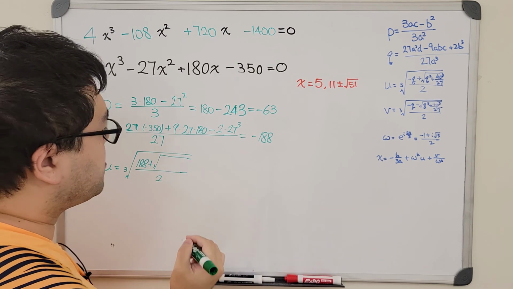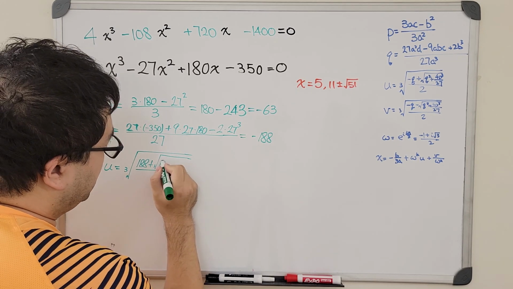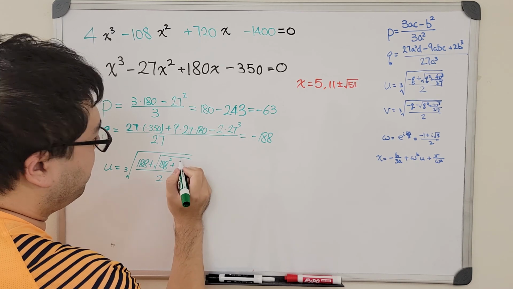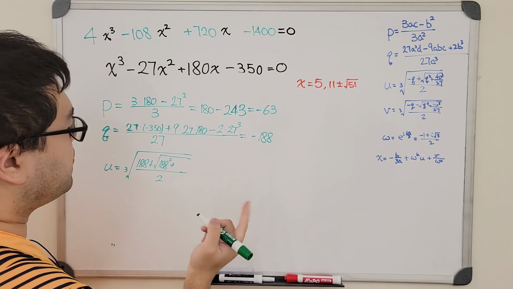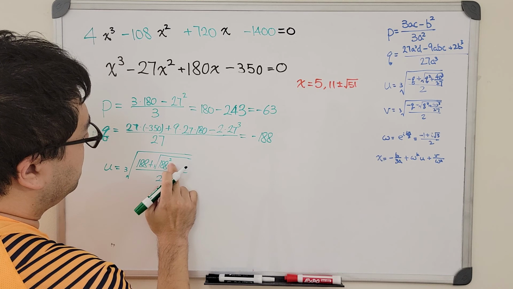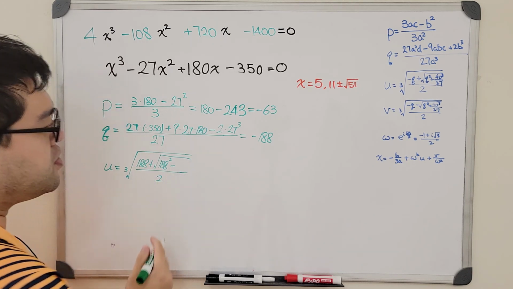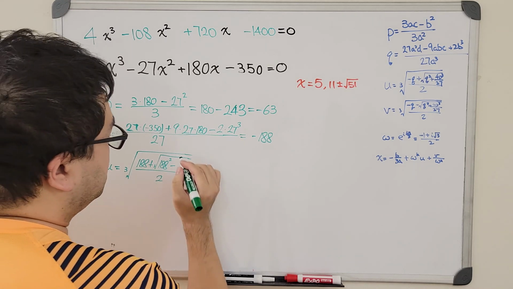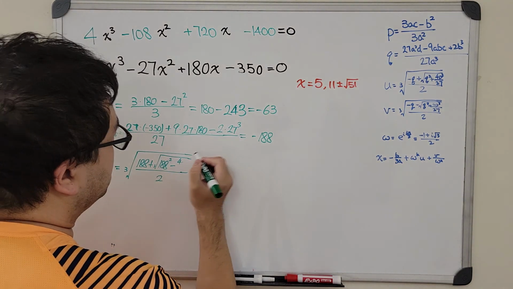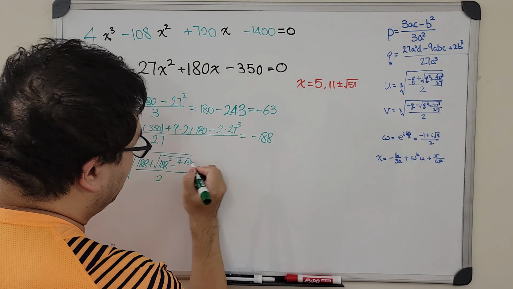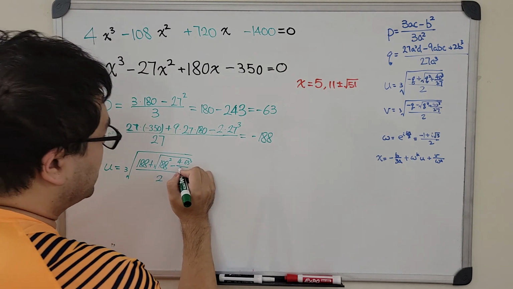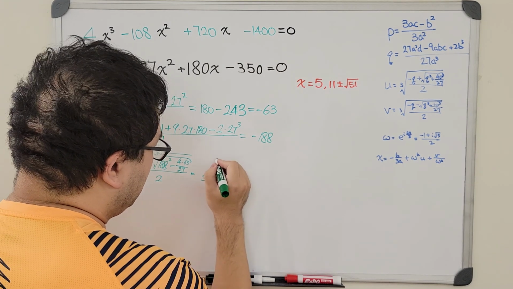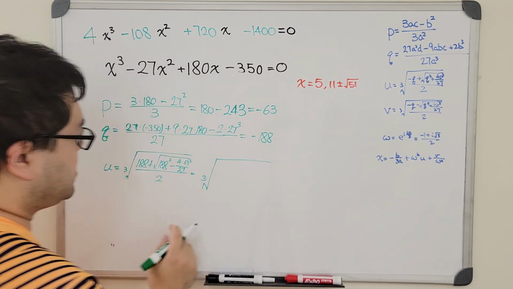We have q squared, and again, that will be 188 squared plus 4 times p to the third power. And again, p is a negative value, so p to the third power is also negative. So I'll bring the negative out to get 4 times 63 to the third power over 27. So let's try to simplify it. Let's see, what can we get?